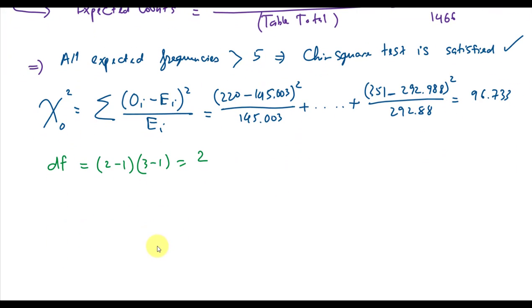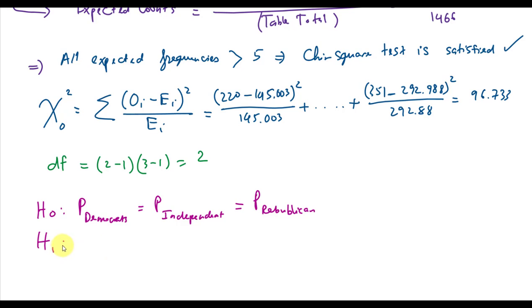Now we need to set up the null hypothesis and the alternative hypothesis. The null hypothesis is the assumption that all 3 proportions are equal. So we say that the proportion for Democrat is equal to the proportion for Independent Party, equal to the proportion for Republican Party.